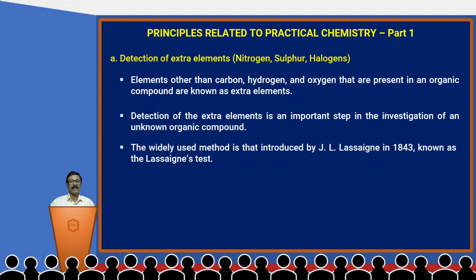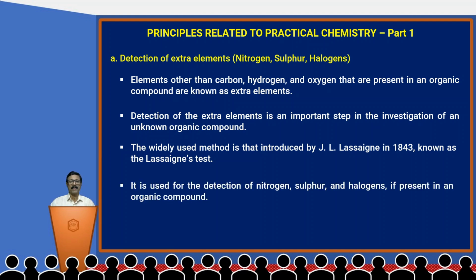In order to detect nitrogen, sulfur, and halogens, it is necessary to convert them into ionizable inorganic substances so that inorganic qualitative methods of analysis can be applied.